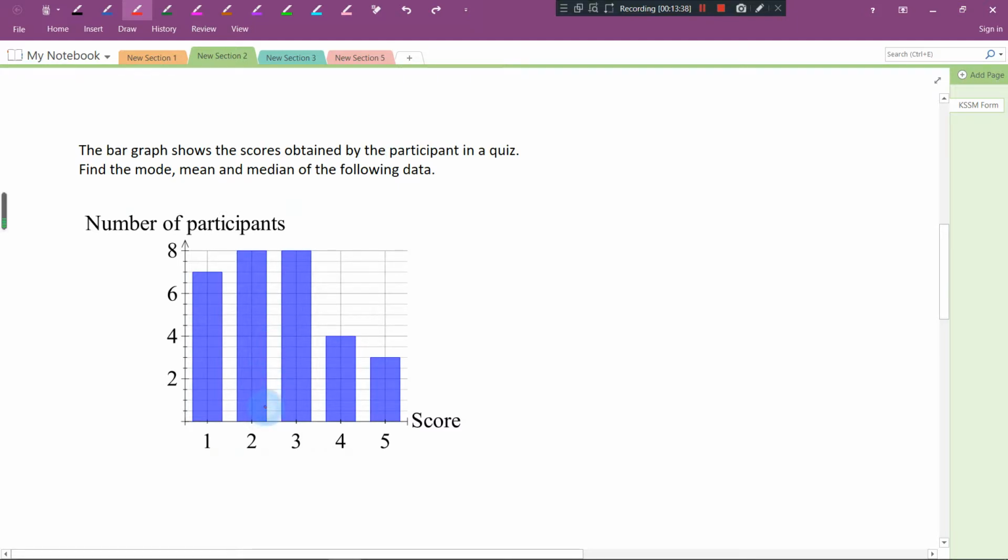So in this case, we actually have 2 modes, because the score of 2 and the score of 3, they have the highest frequency among the rest, which are 8 participants. So in this question, the mode will be 2 and 3. Okay, so this is the mode for this question.